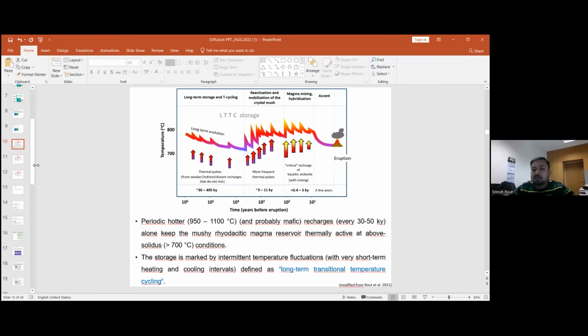Yeah, that's actually quite true. Because of their large size, they managed to survive the long time of temperatures above the sanidine liquidus temperature.